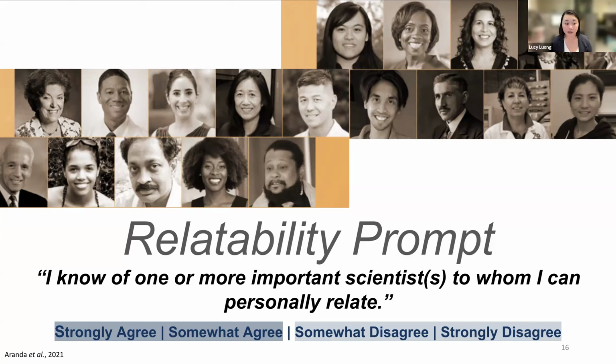And students can pick strongly agree, somewhat agree, somewhat disagree, strongly disagree. And we categorize strongly and somewhat agree as just agree, somewhat disagree and strongly disagree as just disagree. So it's a closed-ended question, but it also comes with an explain why. So it's both closed-ended and open-ended. So we're going to share the quantitative results of this.